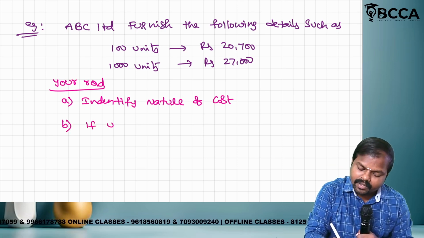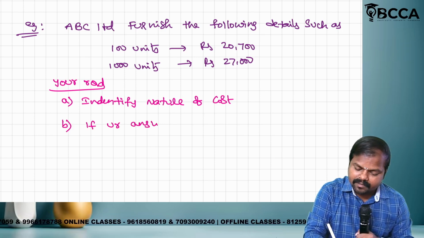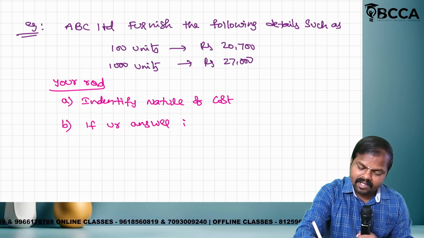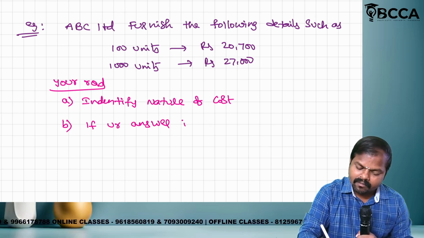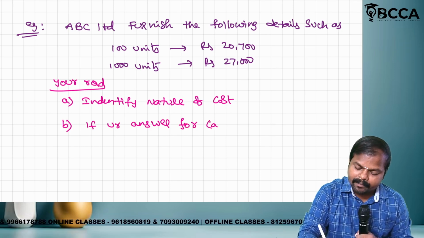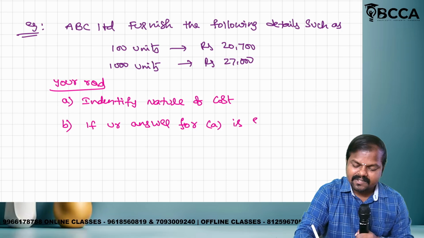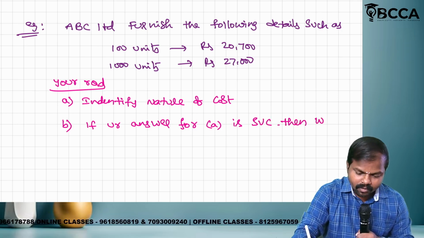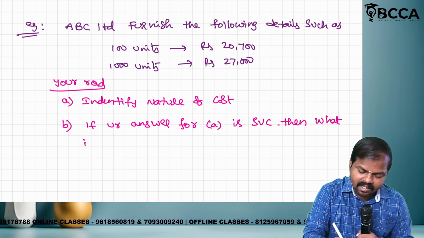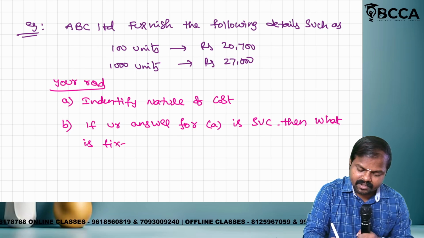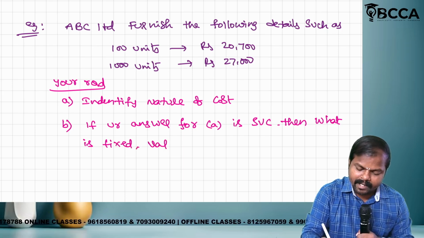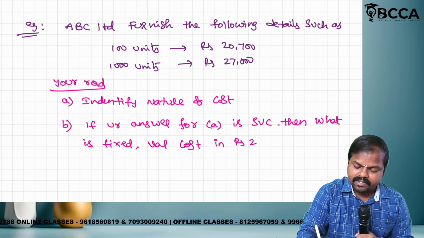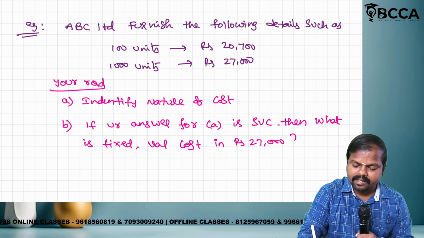Small b, if your answer for question A is semi-variable cost, then what is the fixed and variable cost in rupees 27,000? They are asking like this.